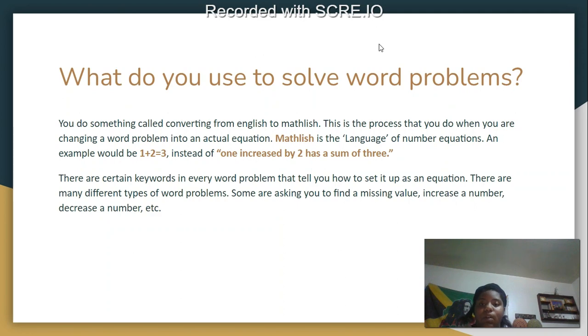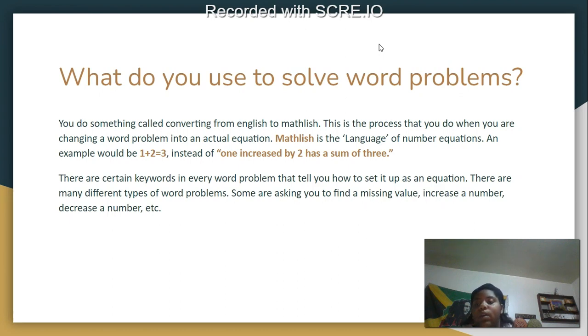What do you use to solve word problems? You do something called converting English to Mathlish. Mathlish is a made-up word. Converting English to Mathlish is the process that you do when you're changing a word problem into an actual equation. Mathlish is the quote-unquote language of number equations.